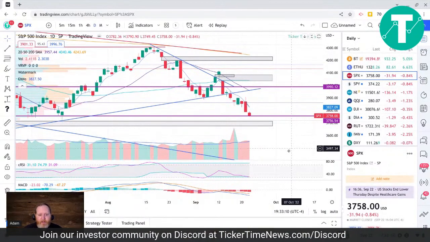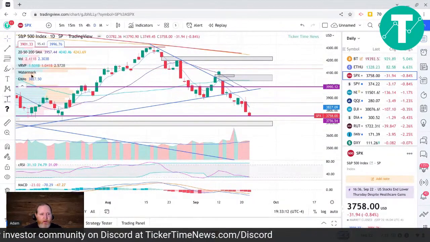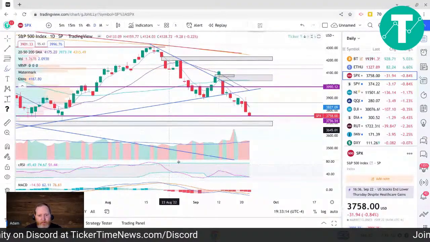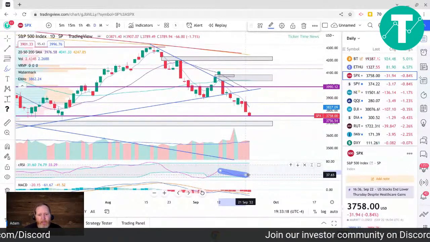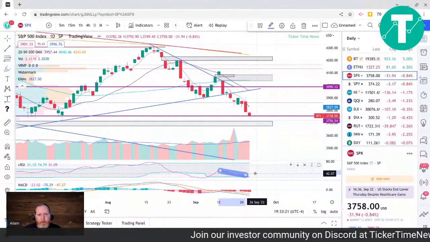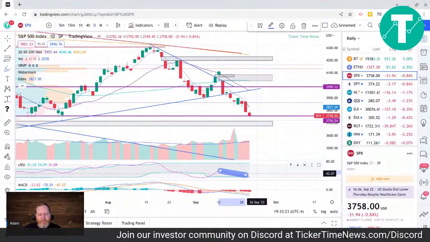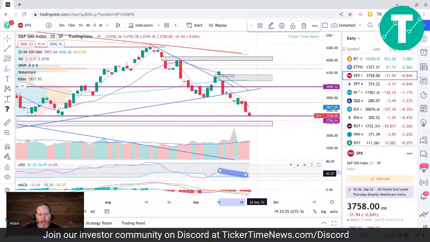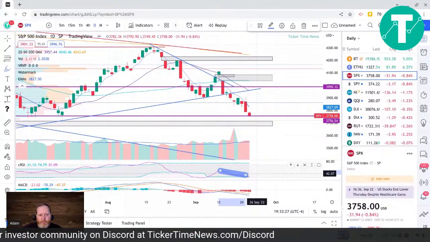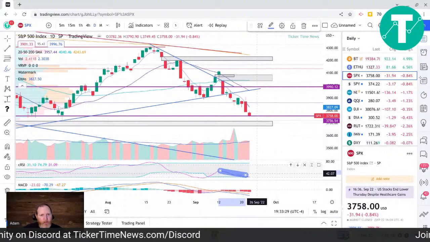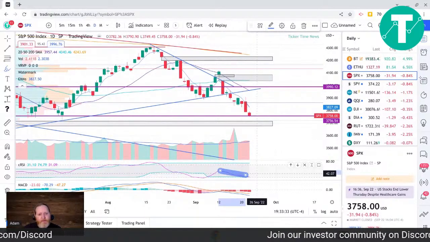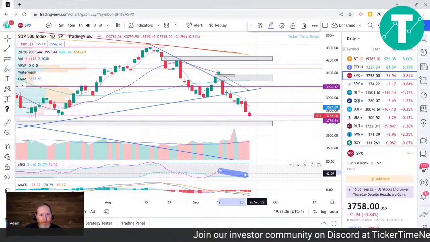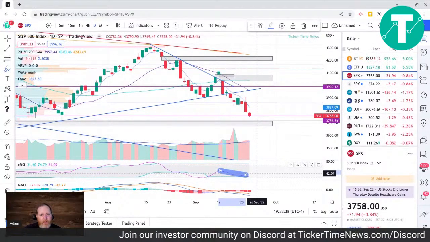So now, we talked about this yesterday. If we look at the RSI, the relative strength index down here at the bottom, it has been downtrending, right? And it is now at 31. And I said, watch yesterday, and I'll repeat it again today, watch for the RSI to get to 30 or below and price action to be on the weekly expected move on the lower end of that.